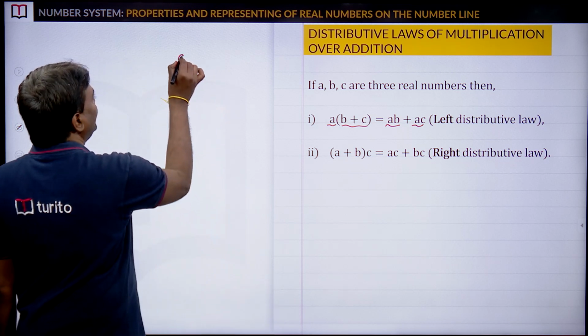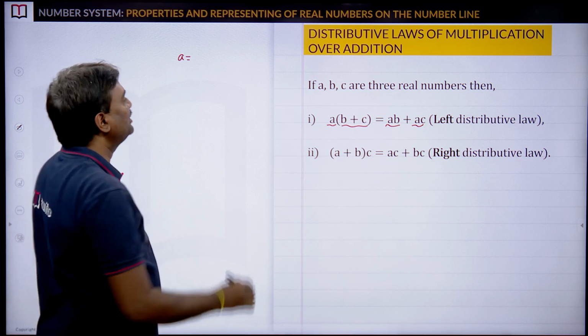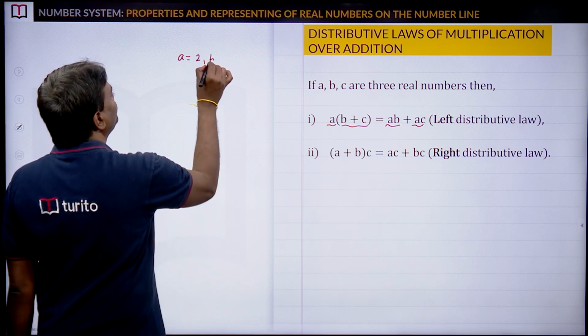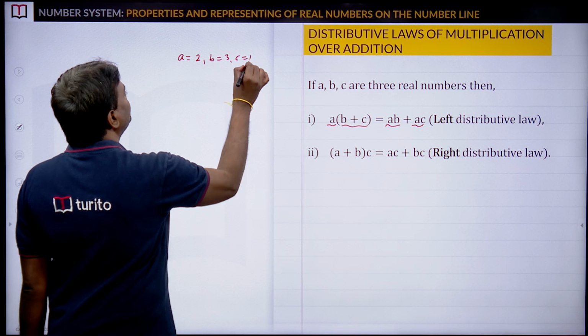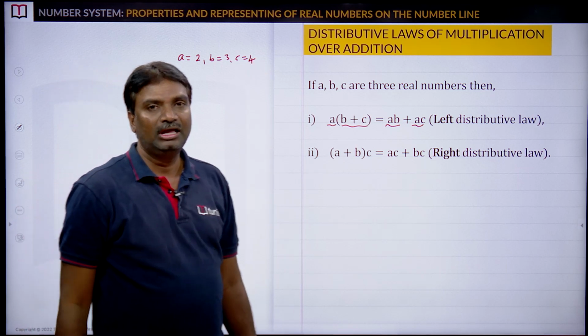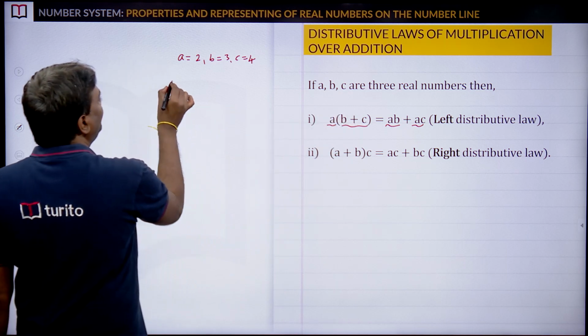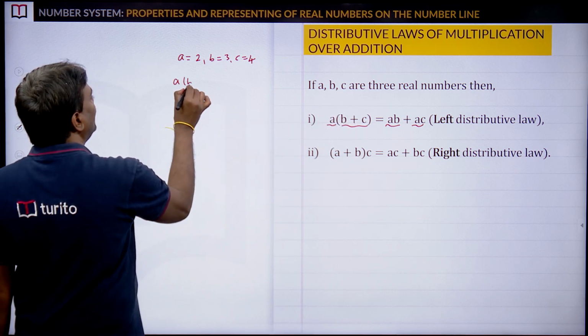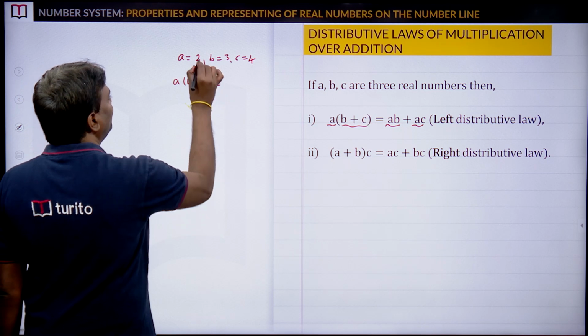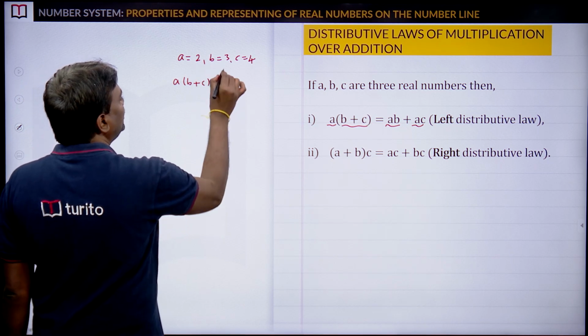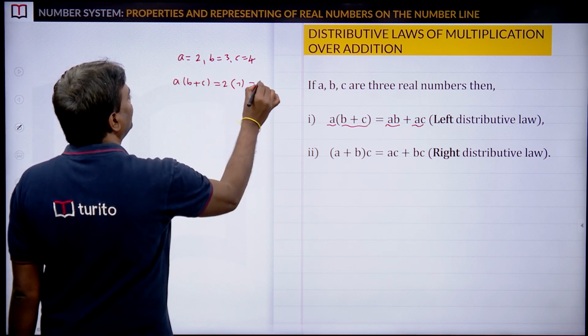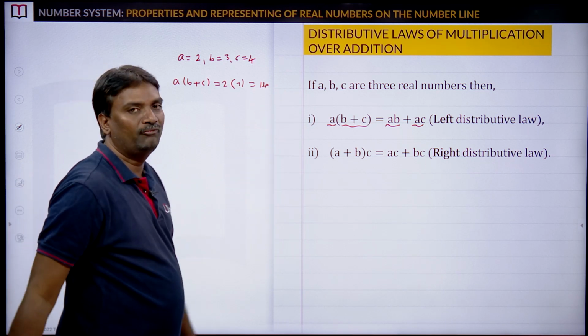Just take any numbers. For example, take A equal to 2, B equal to 3, C equal to 4. You may consider any 3 real numbers A, B, C. So, take A into (B plus C). What is A? 2. What is B plus C? 3 plus 4, 7. 2 into 7 equal to 14.